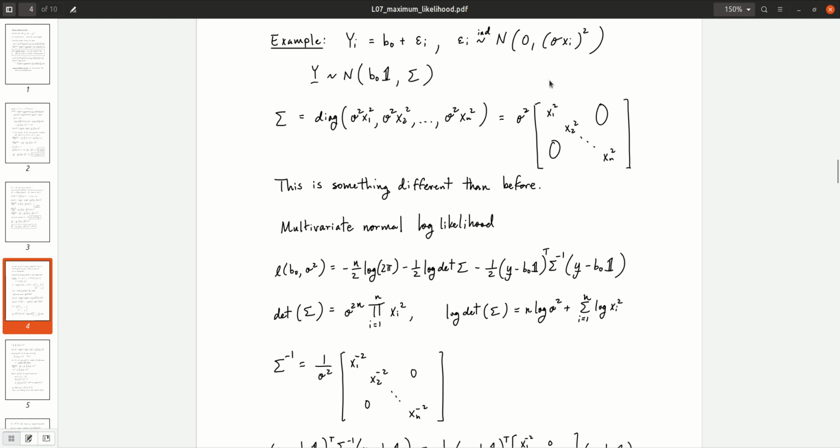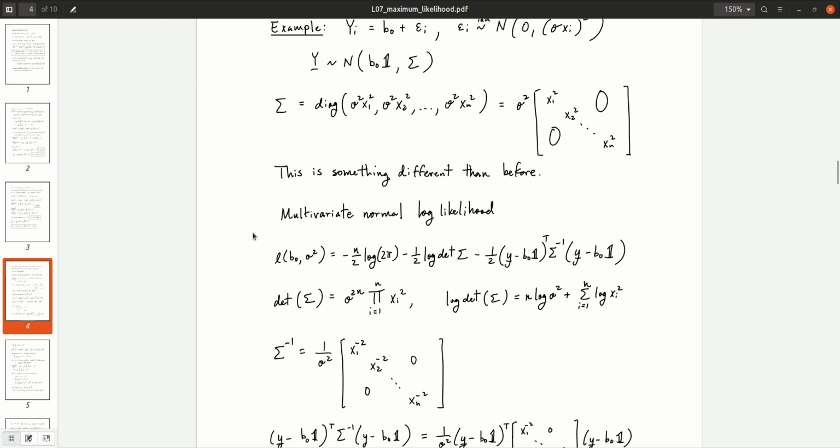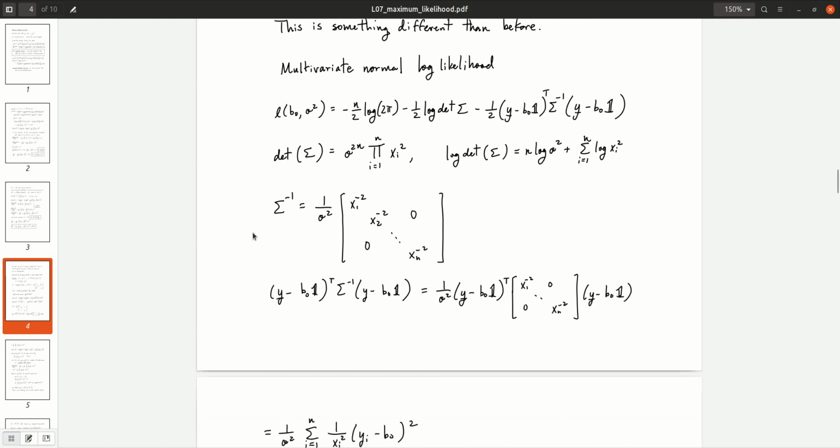If we wrote this out as a big matrix, these values are on the diagonal, multiplied by sigma squared, and everything off the diagonal is 0. So again, this is something different from before. But maximum likelihood allows us to easily generate estimates for both of these parameters, b0 and sigma squared. So here's the likelihood.